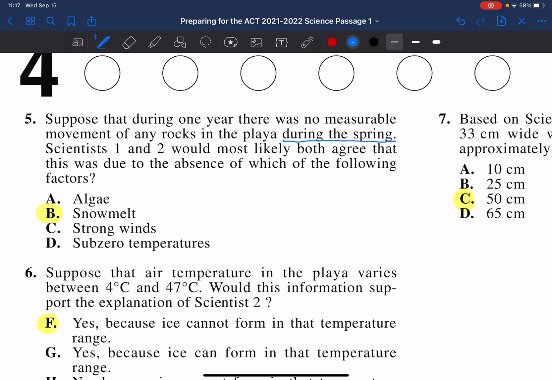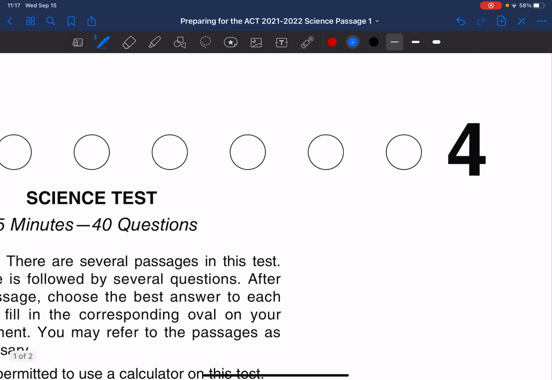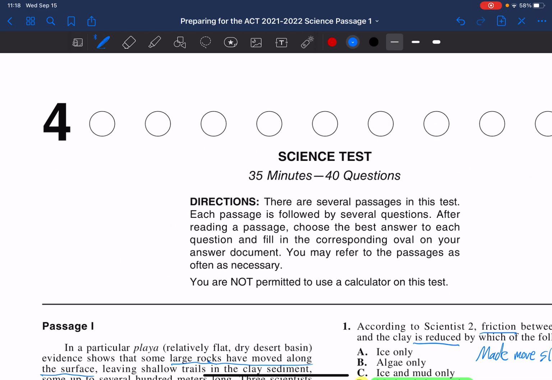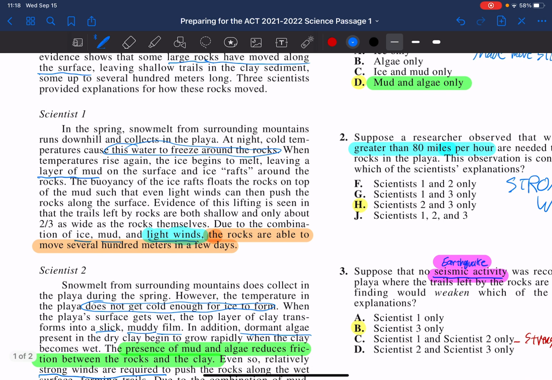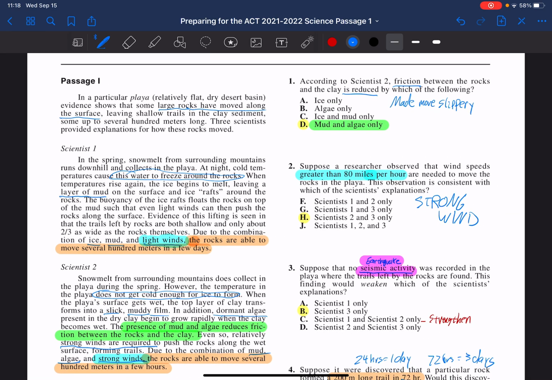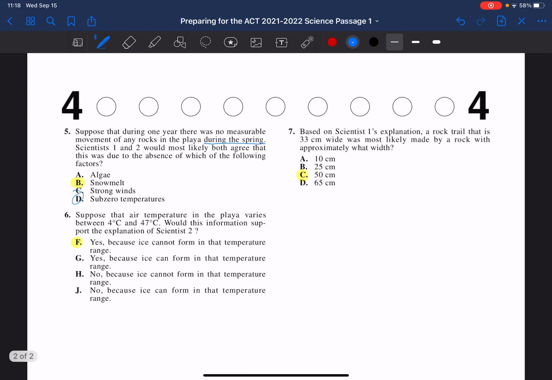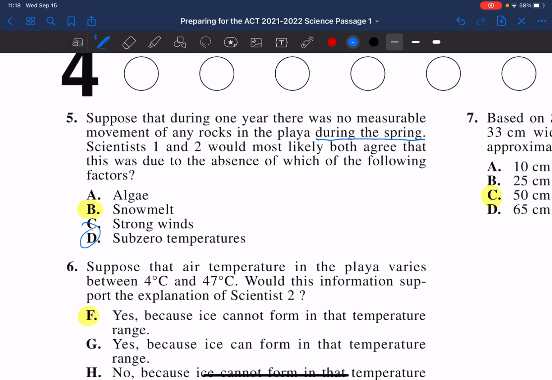Well, we know there aren't sub-zero temperatures, but Scientist 1 and Scientist 2, they don't agree about temperature, do they? Because Scientist 2 says it does not get cold enough for ice to form, whereas Scientist 1 says this water freezes around the rocks. So sub-zero temperatures isn't something that they would agree on.